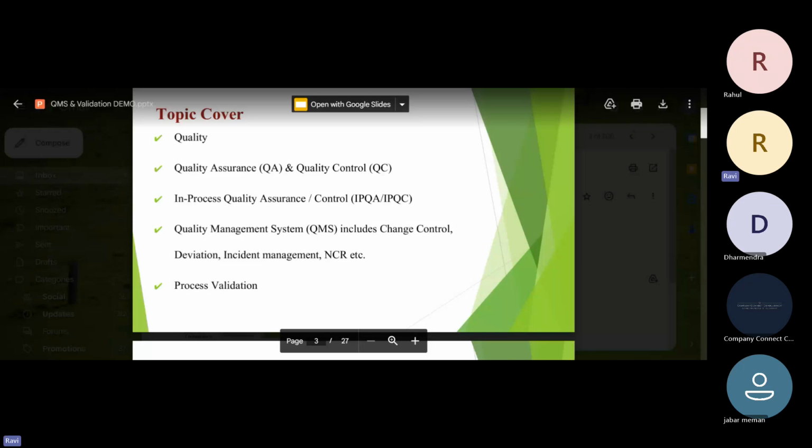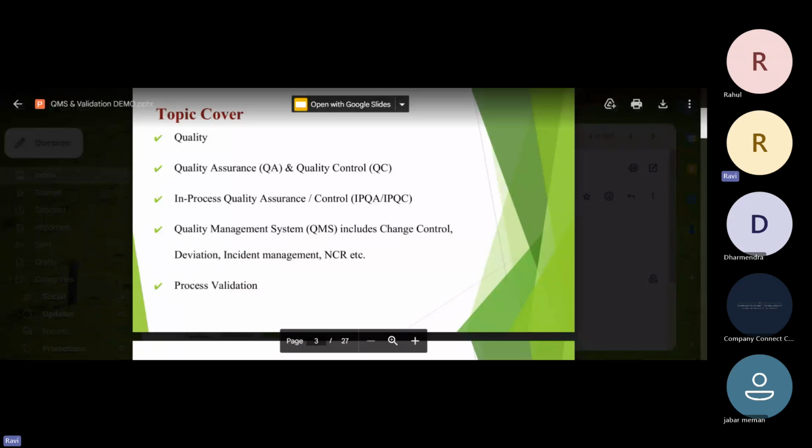Coming to the quality management system, that includes change control, deviation, incident management, and NCR. Change control: any permanent change we are going to perform within the facility, we call it a change control. Why do we initiate the change control? Because of that particular change, is there any impact on the process or product, or nothing but the quality of the product?